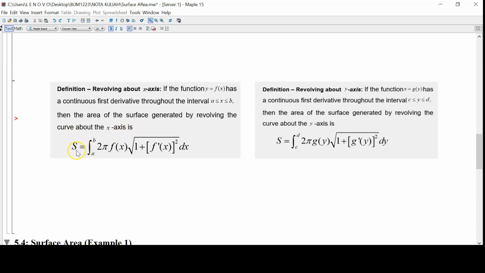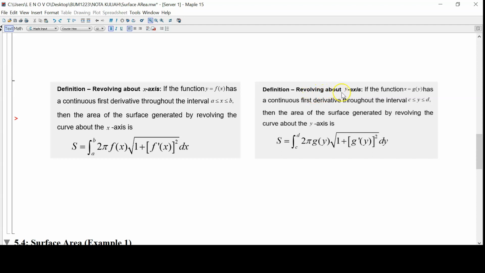Here S represents the surface area, and you get the value by evaluating the integral from a to b of 2 pi times f(x), times the formula of the arc length. Remember, this is the formula of the arc length with respect to x.